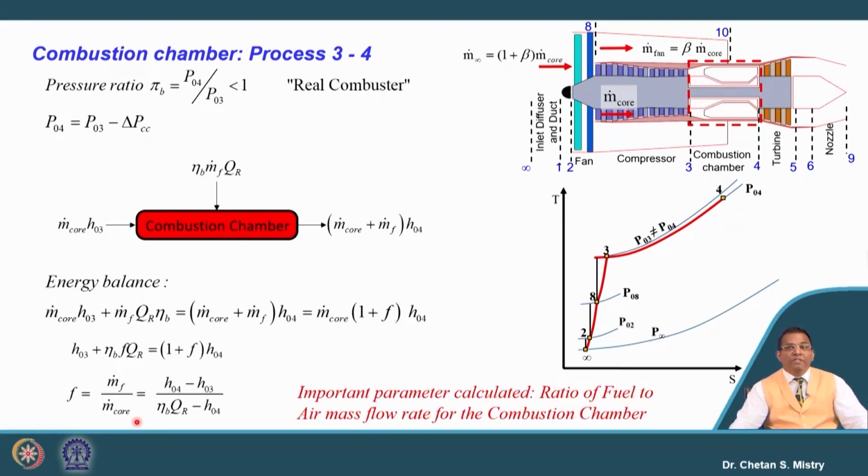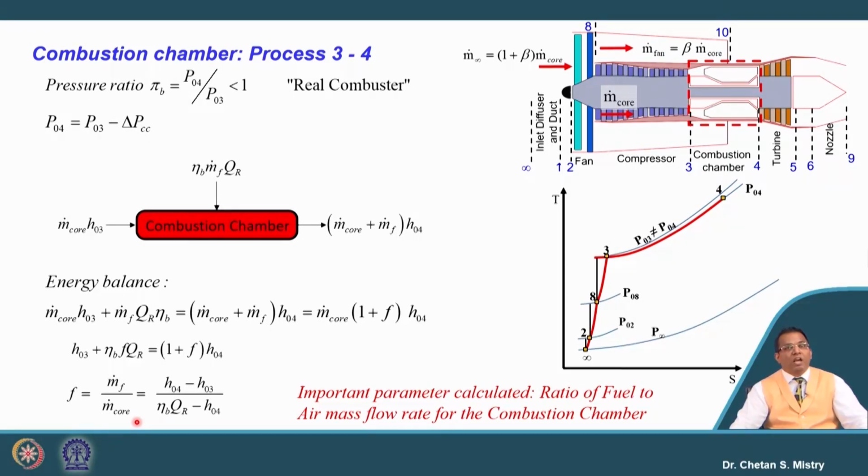So, based on that we can calculate what will be my fuel air ratio, we can calculate what will be our exit pressure, turbine entry temperature may be known to us. There are different configurations of the engine.